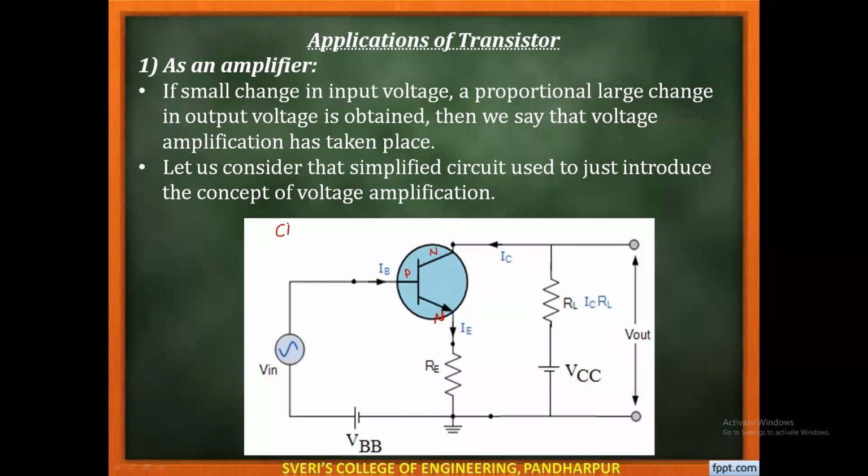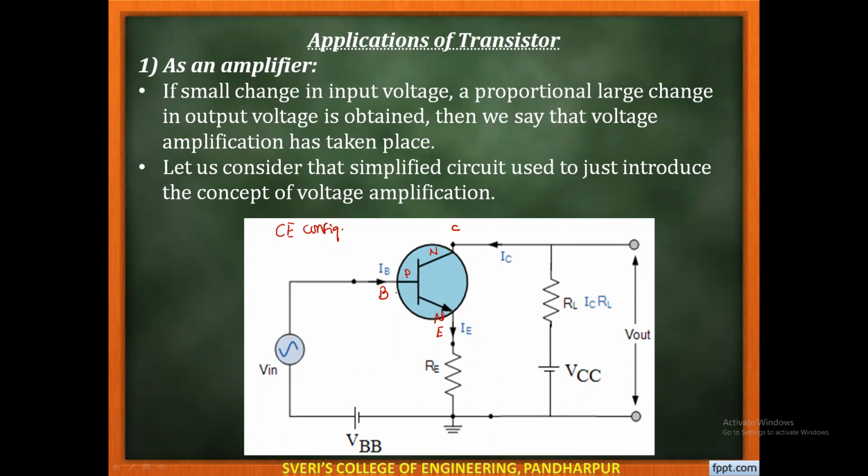Because common emitter configuration is widely used, so I use that here. Just see here. Get it, my point? This is the emitter terminal, this acts as the base terminal, and this acts as the collector terminal, and we know that the arrow is always between emitter and base, pointing from P region to the N region, so the emitter current is outgoing current, so definitely the collector current and the base current are the incoming currents. This is the basic theory.